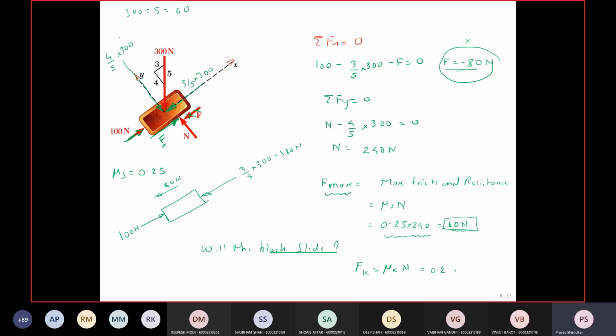So that is 0.2 into 240, which is equal to 48 newtons. So the block will slide down the plane. Any questions? No, sir.